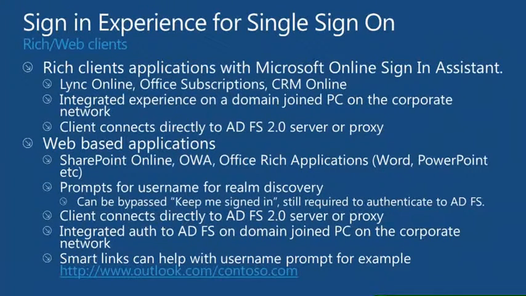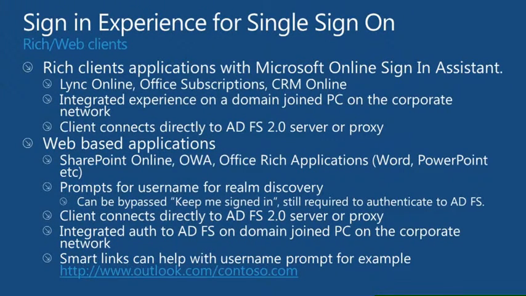Okay. Web-based applications. So these are, interestingly enough, SharePoint Online, the OWA experience, as well as the Office rich applications. So Word, Excel, PowerPoint, all of these applications actually throw up a Trident window that is web-based auth. Okay? So whilst you would think of Word as a rich client, it's really a web-based client currently.